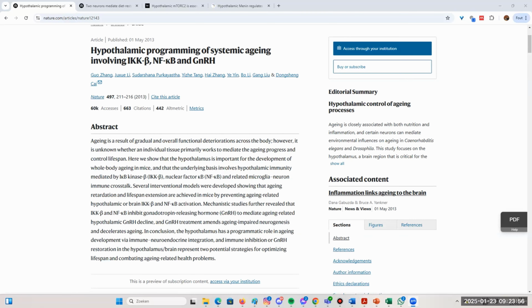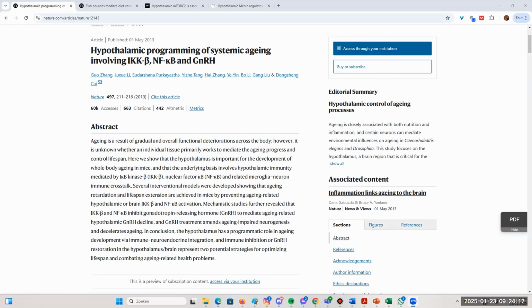But PGC1A is essential for mitochondrial biogenesis, and it does a lot of other positive things. And we know that NFKB inflammation is underlying a whole lot of these diseases.